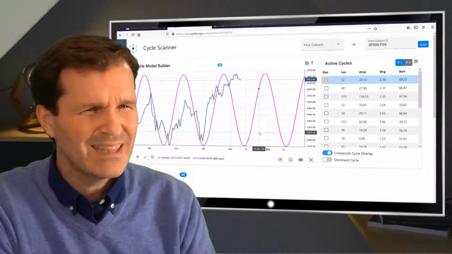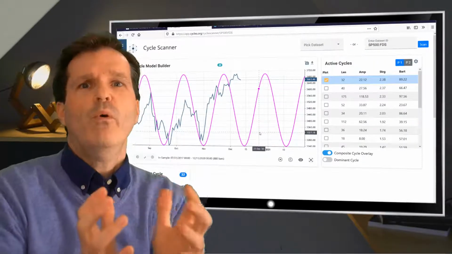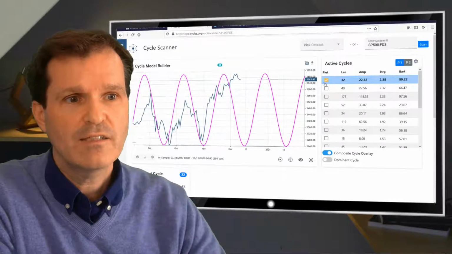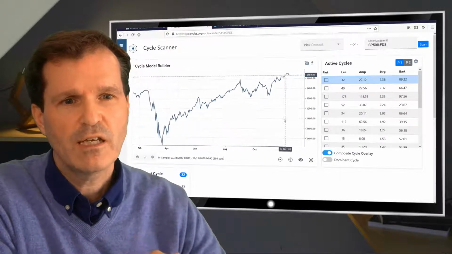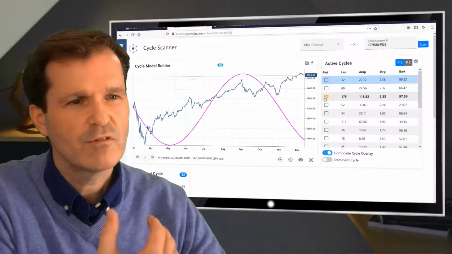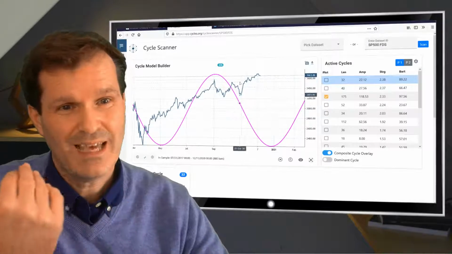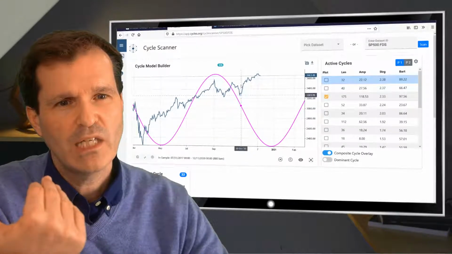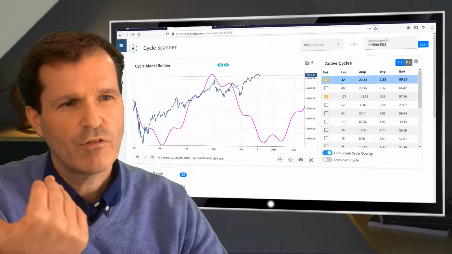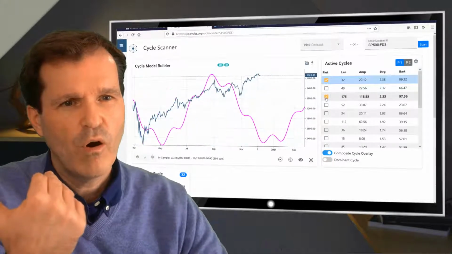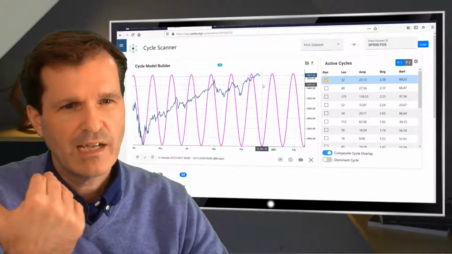Okay, I hope I got the point across, and please do your own analysis on the S&P 500 and move back a little bit in time and switch between these two cycles. 175 is the key cycle here, and then at the midpoint here, you know that the cycle with the length of 32 has come into play, and now you can look for synchrony of these cycles again.